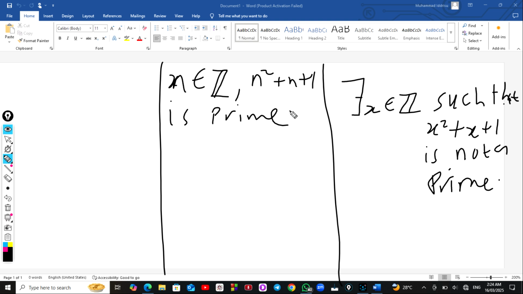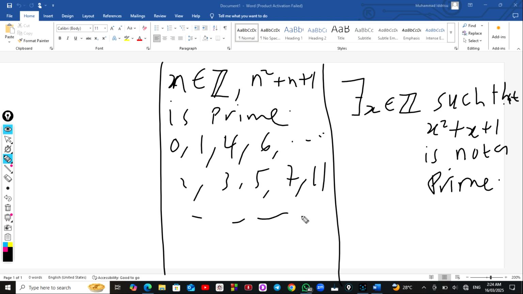So if we are going to list non-prime numbers, 0 is not a prime number, 1 is not a prime number, 4 is not a prime number, 6 is not a prime number, and so on. But 2 is a prime number, 3 is a prime number, 5 is a prime number, 7 is a prime number, 11 is a prime number, and so on, because each has only two factors, 1 and itself.